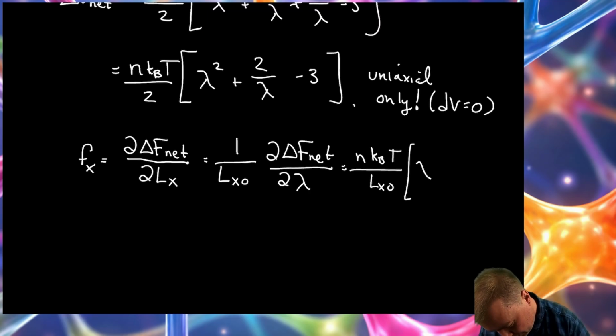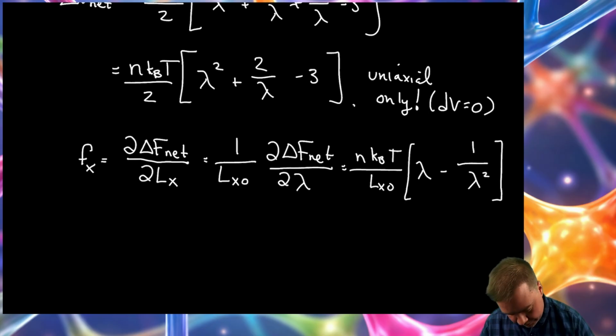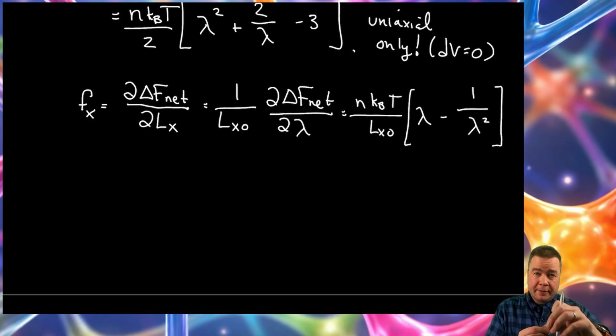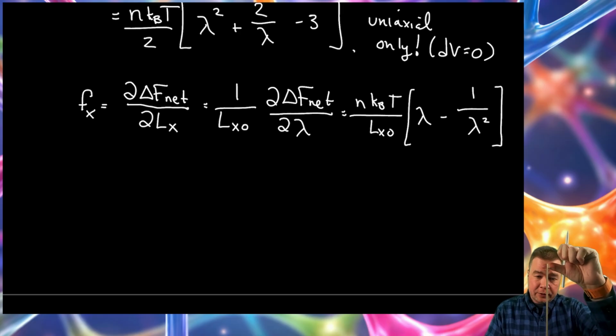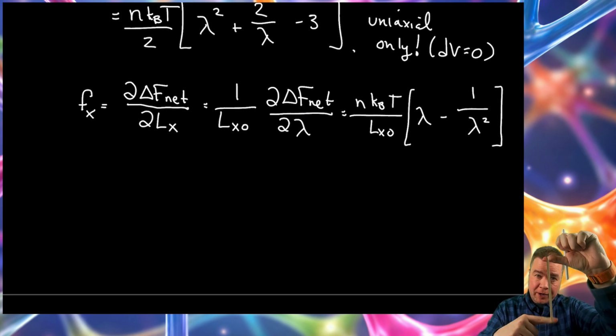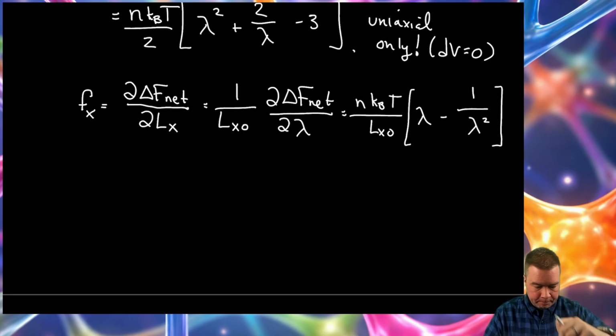We get lambda and then minus 1 over lambda squared. So again, when I deform my network, that is the magnitude of the force that the material is pulling back with in the opposite direction of the stress or the force that I'm applying in this direction. And because everything's in equilibrium, those forces must be balanced.